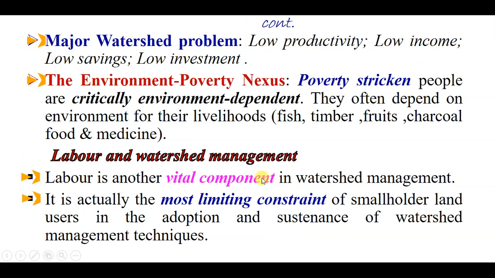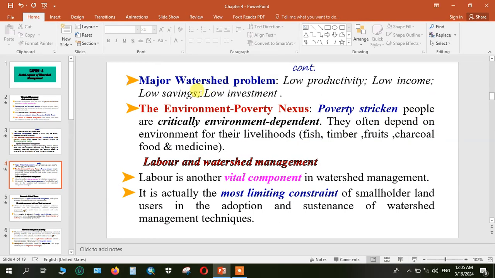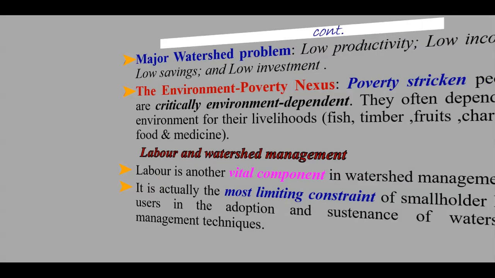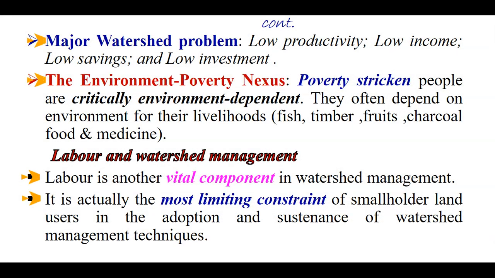Major watershed problems are low productivity, low income, low saving, and low investment.